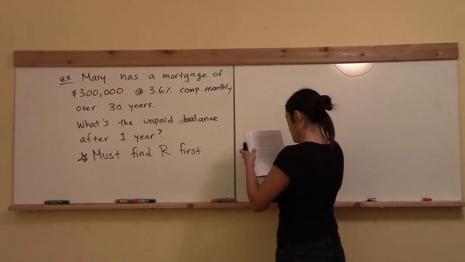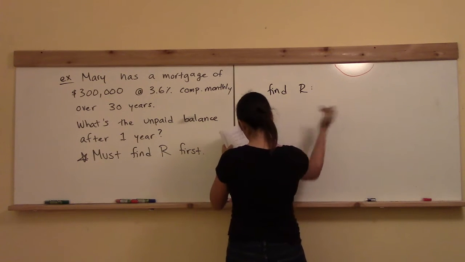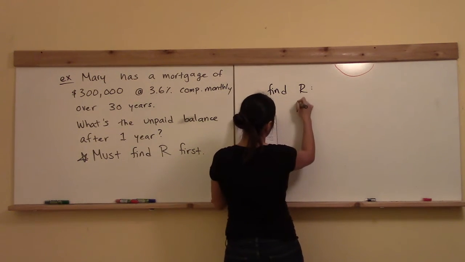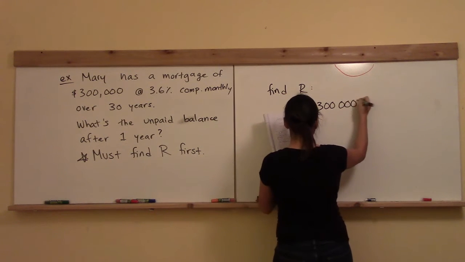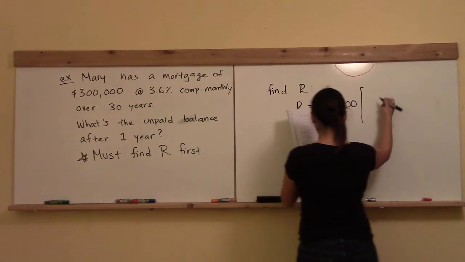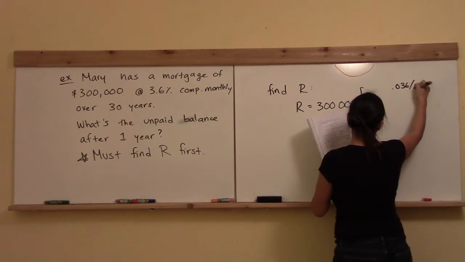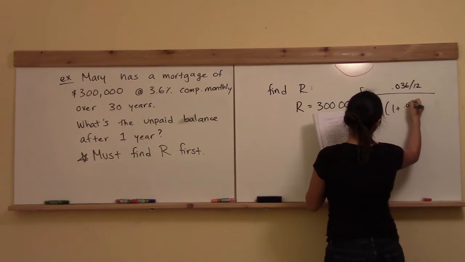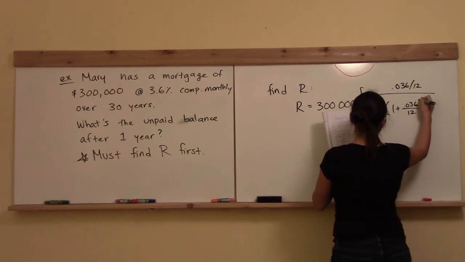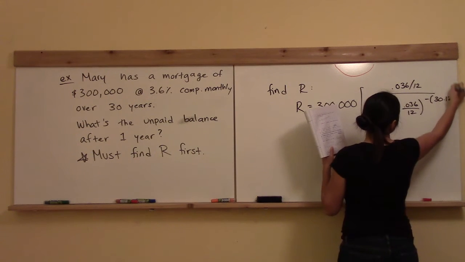Okay, so let's do this first. Find the R. And that's going to require us to use the amortization formula, which is just the present value of an annuity. Solve for the R. The $300,000 principal goes there. The periodic interest rate, 0.036 divided by 12 on top, 1 minus 1 plus 0.036 divided by 12 here, all raised to the negative 30 times 12.